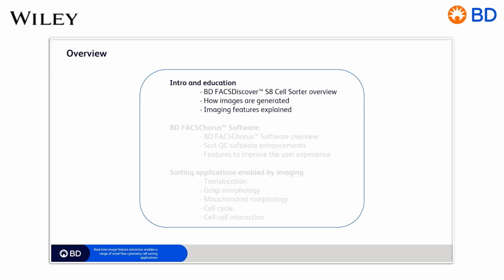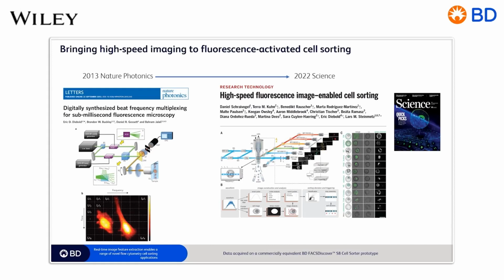So to start, let's talk a little bit about the instrument, the FACSDiscover S8 cell sorter, and then we'll dive into the image generation portion. So this technology actually was unveiled to the world in a 2013 Nature Photonics paper by our own Eric Diebold, where he described his FIRE technology, as he named it, the fluorescence imaging using radio frequency tagged emission.